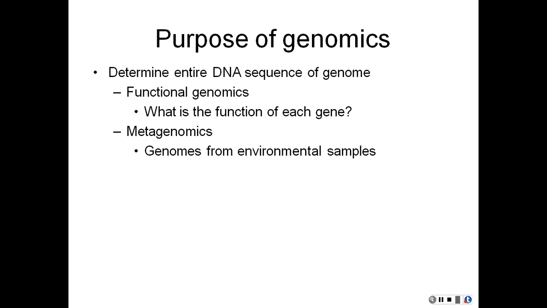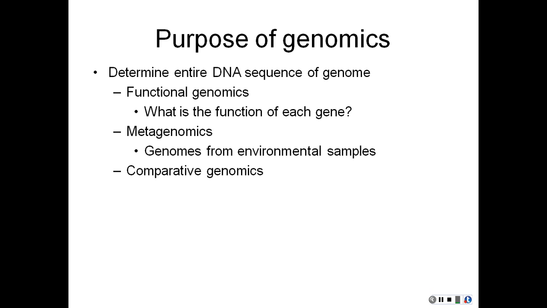But now that we have genomics, we don't have to grow everything in the lab in order to study it, at least to some level. Ultimately, you do want to follow up genomics with other approaches, but initially I can just take the DNA out of the microbes in the gut, sequence their genomes, and compare them to known microbes and get a profile of what's living in the gut without ever having grown them in the lab, right? So that's called metagenomics, just looking at these genomes from the environment.